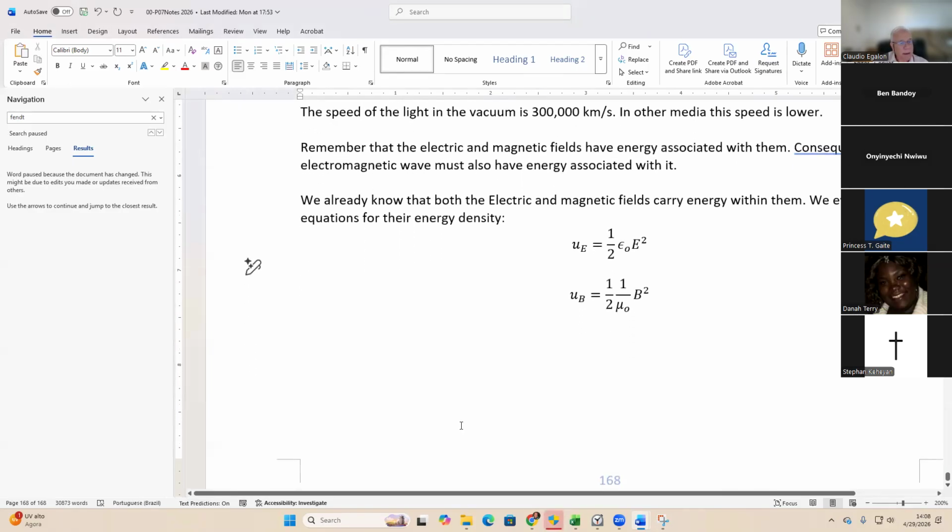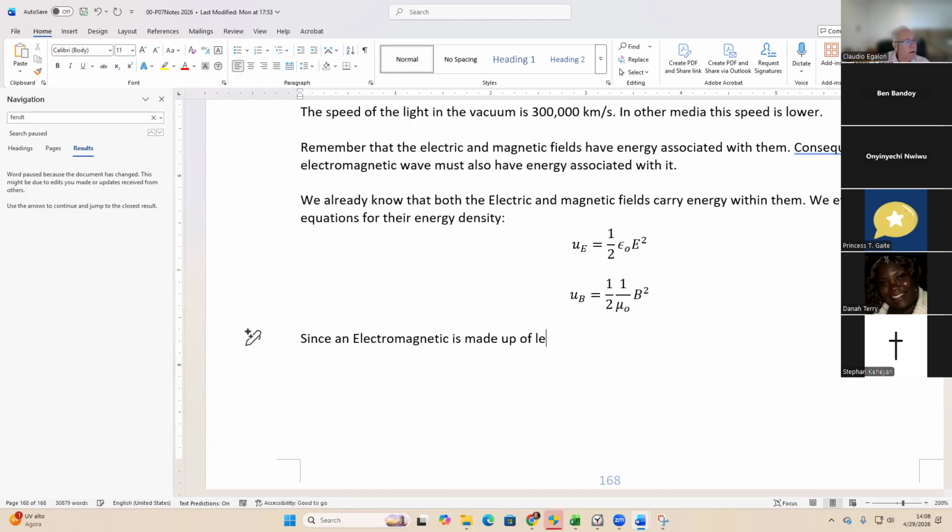Since an electromagnetic wave is made up of electric and magnetic fields, the net energy density will be the summation of these two separate expressions.